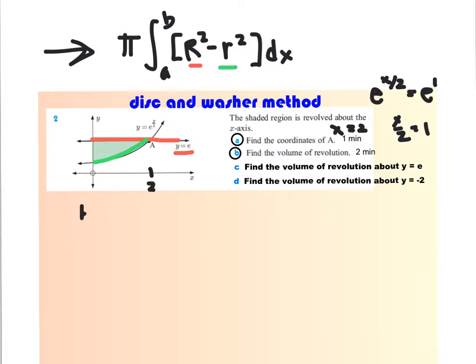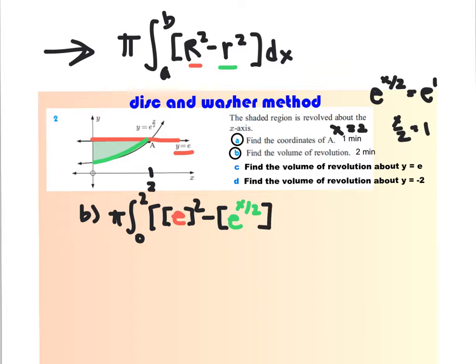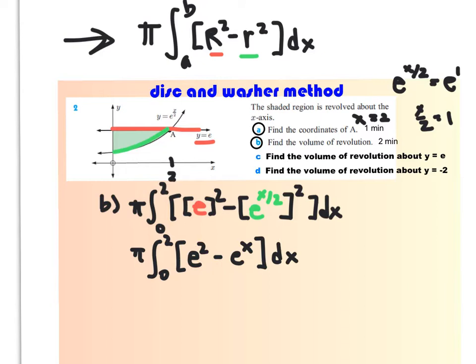So for part B, I would take the integral from 0 to 2 of pi times big R, which is e, squared, minus the smaller function, which is e to the x over 2 quantity squared, dx.